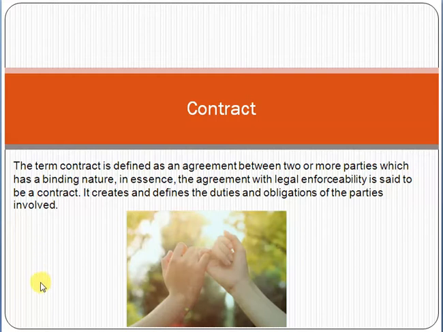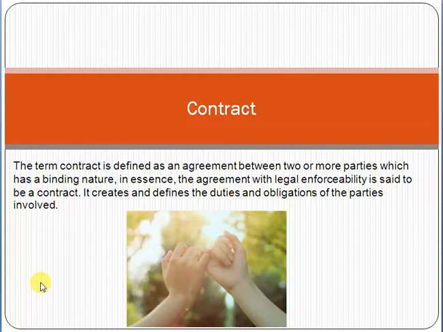What does it mean? Whatever contract we are signing is basically a legal document. Legal document means that it can be challenged in court, and you are legally bound to follow all those terms and conditions which are defined in the agreement.